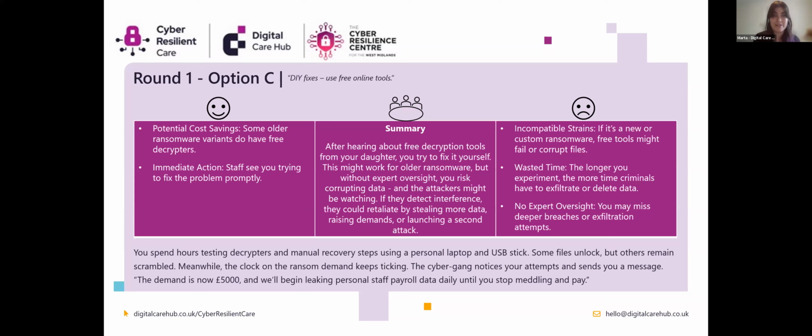So you could spend hours testing the decryptors and manually recovering, all of this. But at the end of the day, I think the logical way to go about this would be to hand it over to someone that knows what they're doing in a crisis and save as much time as possible in this situation.